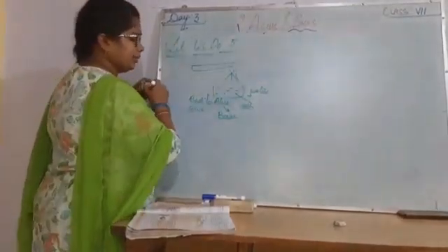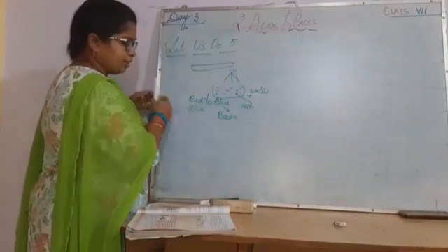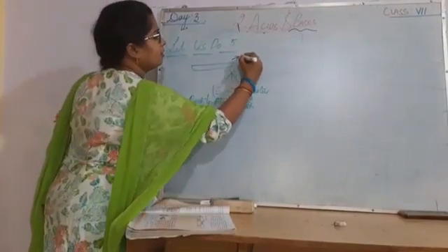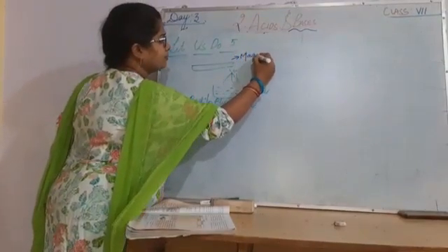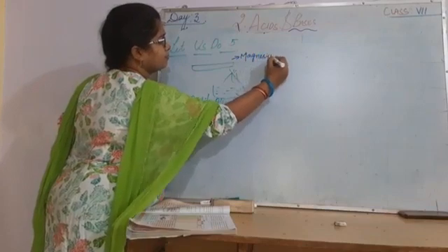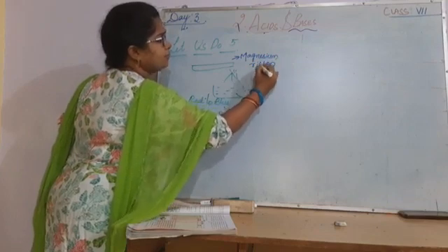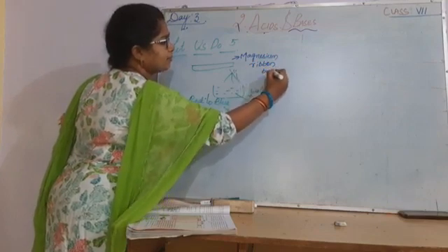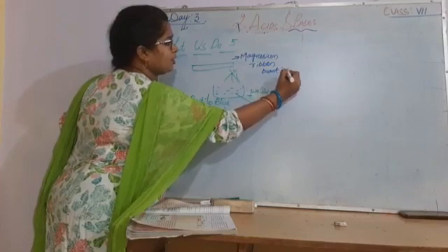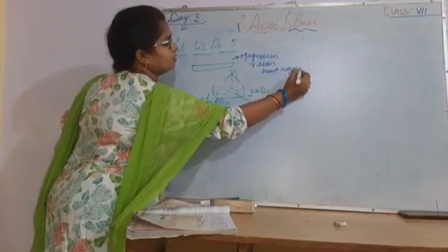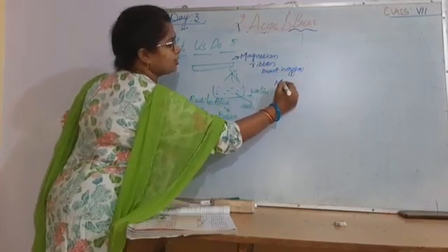Magnesium ribbon, when it is burned in air, in presence of oxygen, magnesium oxide is formed.